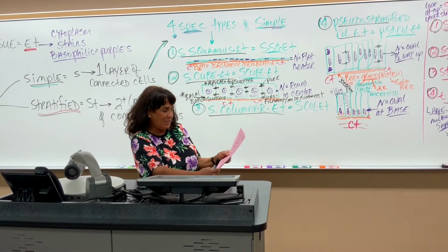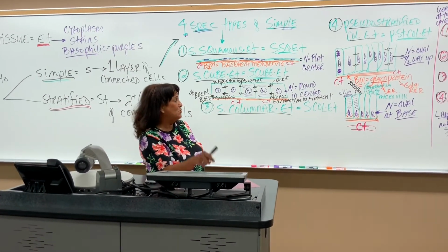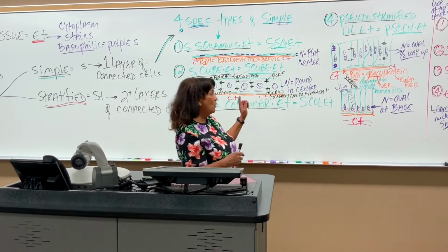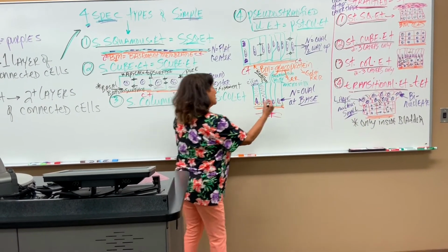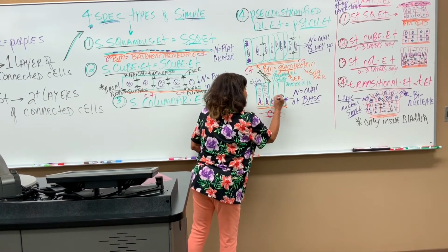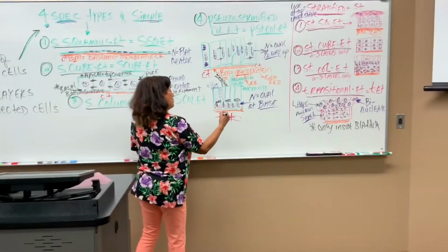And number 9, organelles are polarized. What does this mean? There are certain organelles that are only found in certain locations in the cell, like this. Like mitochondria in simple columnar ET cells are only found on the bottom.